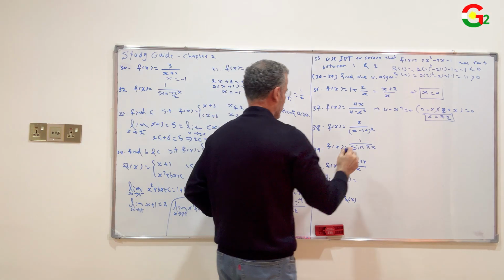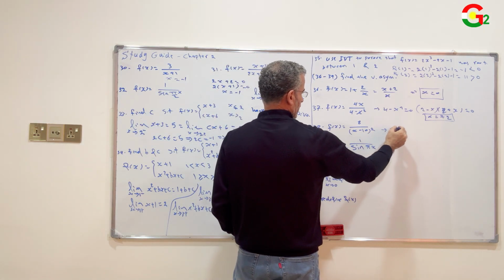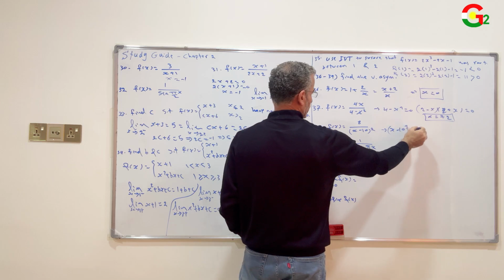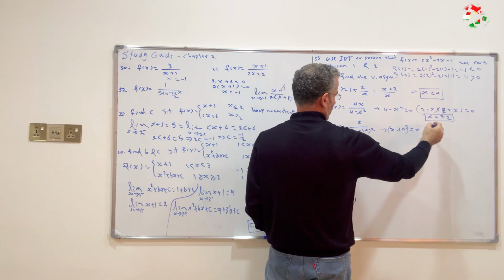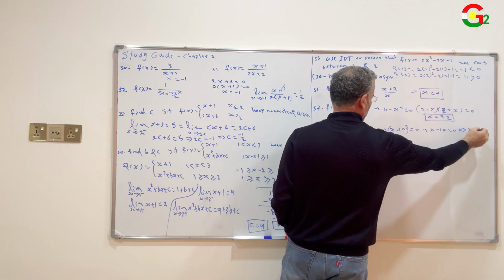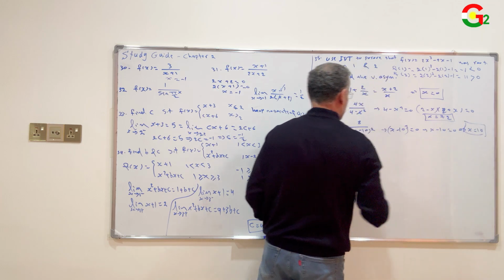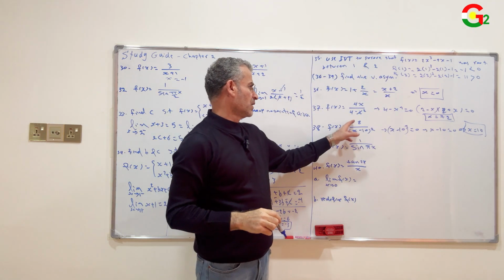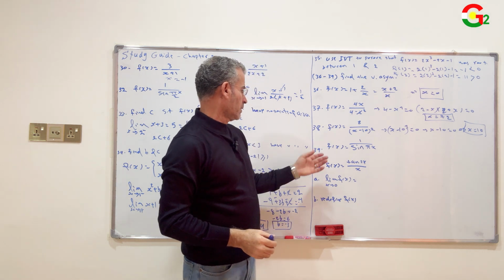Question number 38. Set x minus 10 power 2 equals 0. Square root both sides, x minus 10 equals 0, then x equals 10 is a vertical asymptote for this function since the numerator is constant.